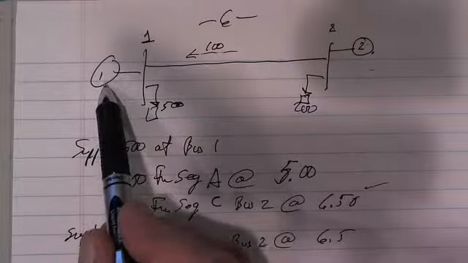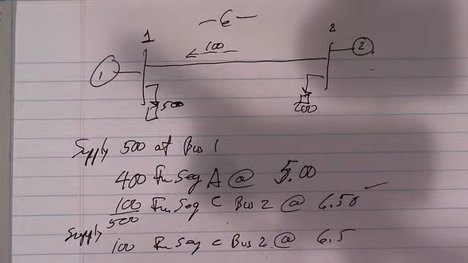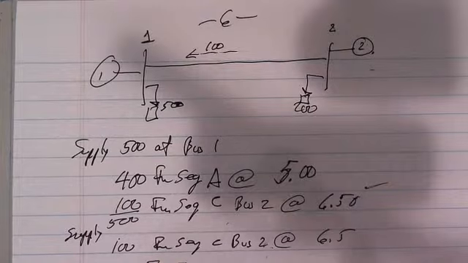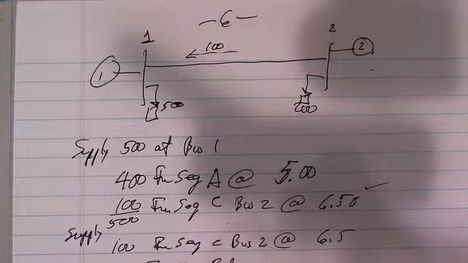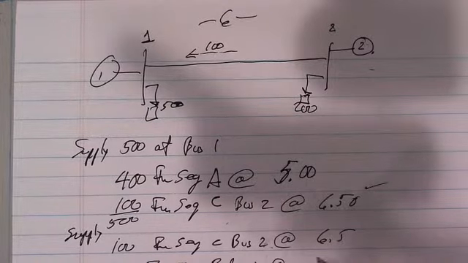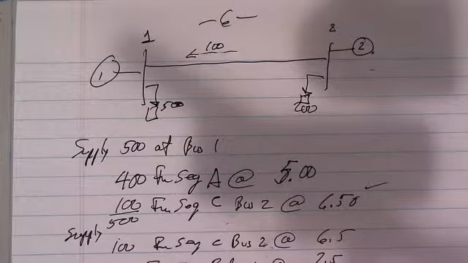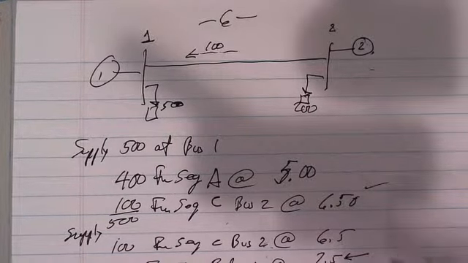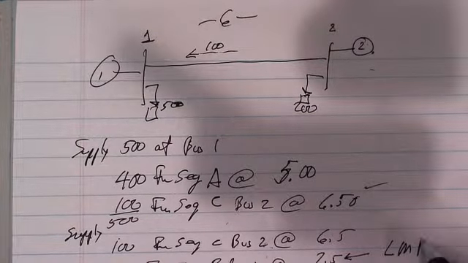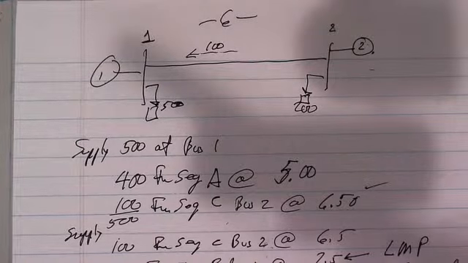Back to this guy, because it's cheaper. So he buys 300 from segment B, bus 1 at 7.5. Okay, and that's it. Now we're going to play with this for a while because we want to see that this is the LMP at both buses, and I will show you that in a minute. LMP for bus 1 and bus 2.